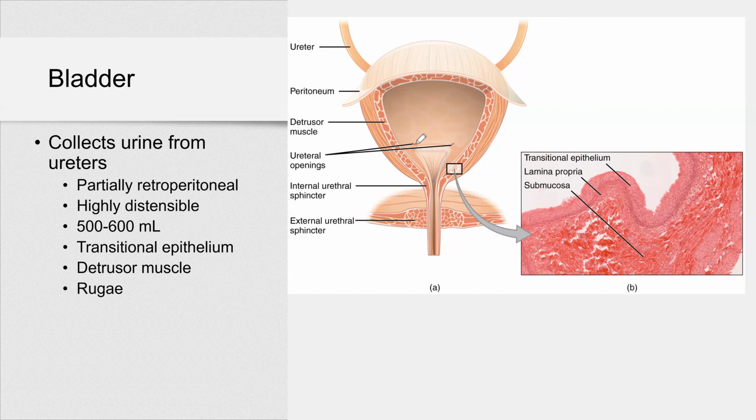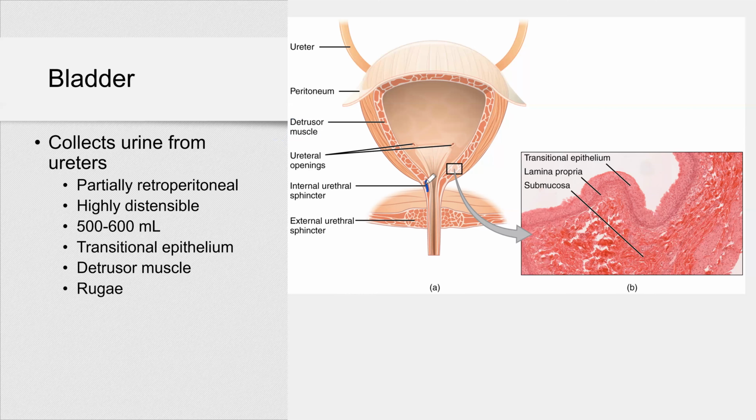So the trigone is the area that is outlined by the two openings of the ureters and the urethral opening. Also, because this is smooth muscle, remember that's the smooth muscle called the detrusor muscle.